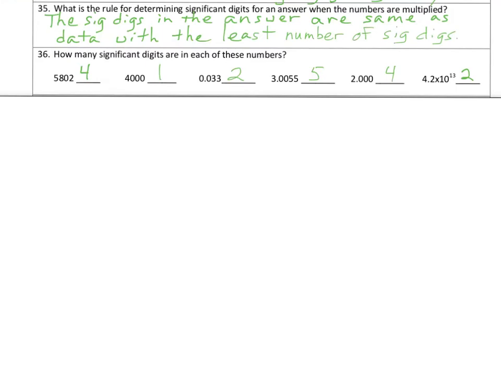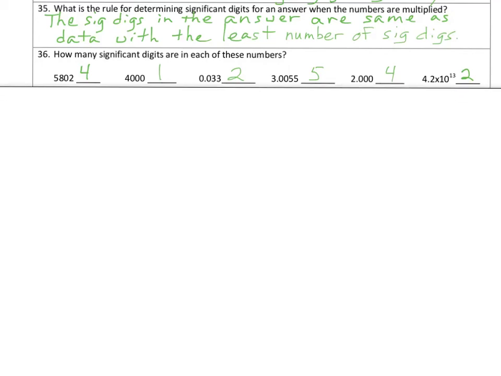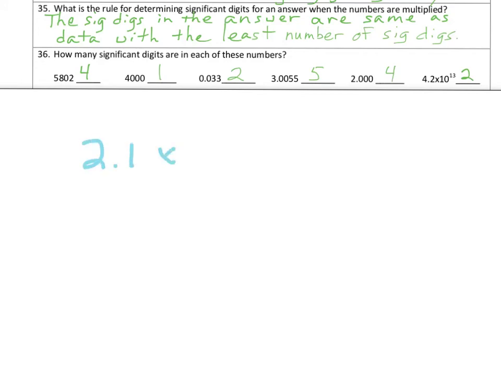The rules for significant digits will not go away. The rules of significant digits will apply to every calculation done in chemistry until May 25th. This question is specifically asking about the rule when numbers are multiplied. For example, if I have a number like 2.1 times 3.55 times 6, I have to consider how many significant digits are in each of these numbers.